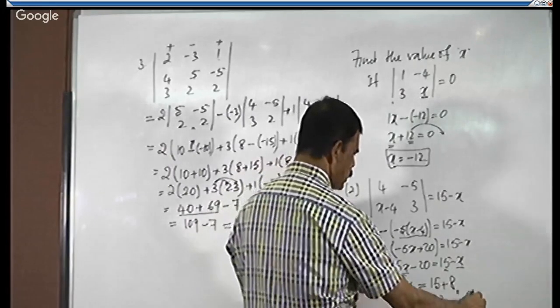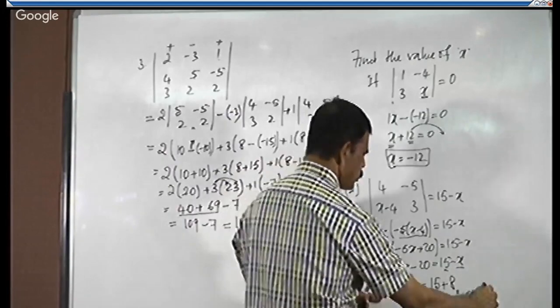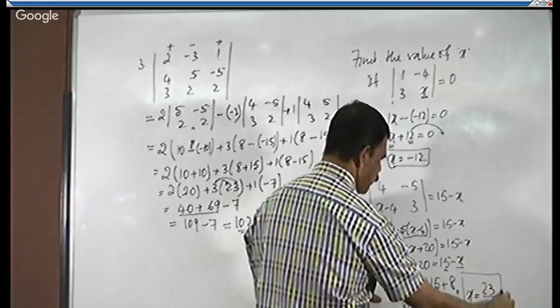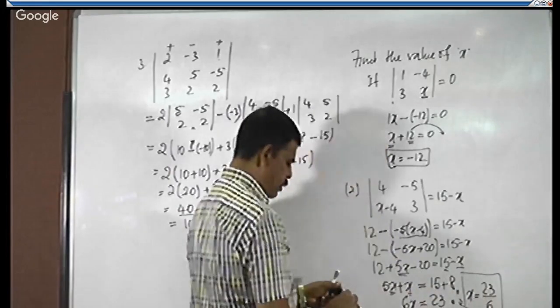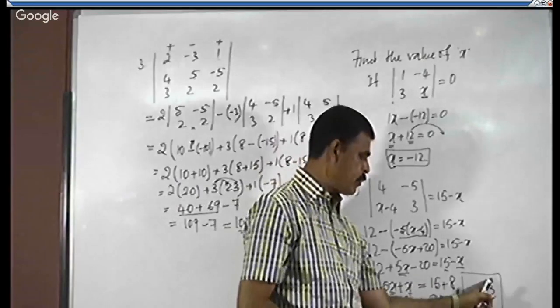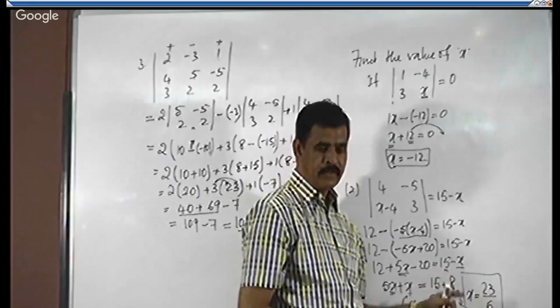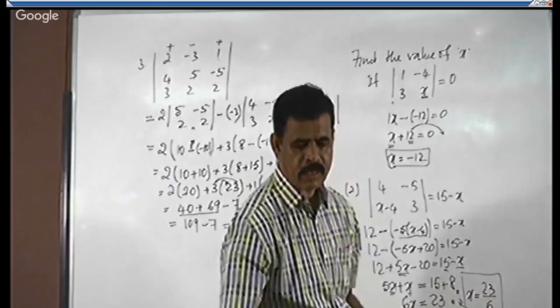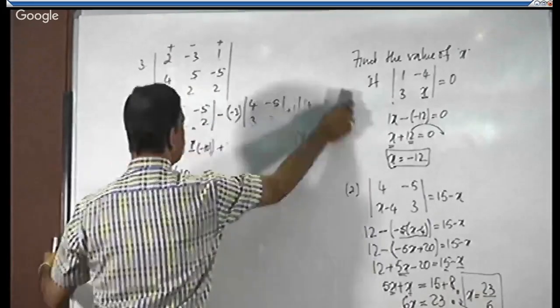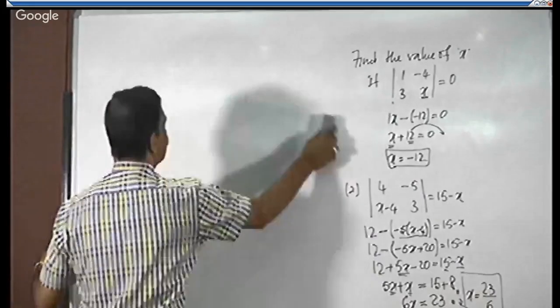Therefore, x is equal to 23 divided by 6. If both divide by some number, you can divide it. Otherwise, you write as it is. This is the way in which we can find out the value of the unknown.